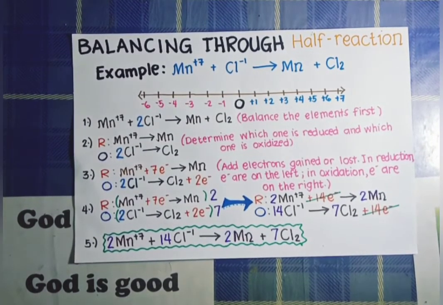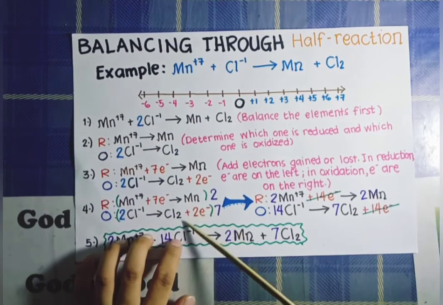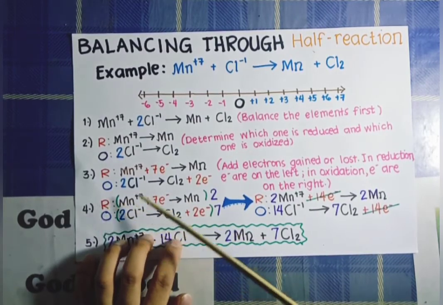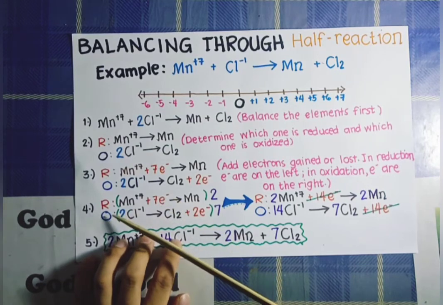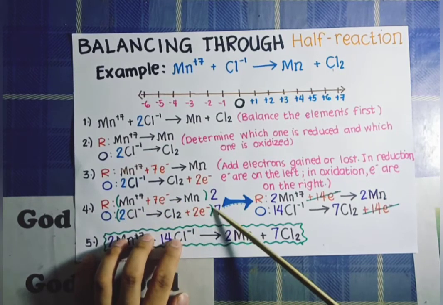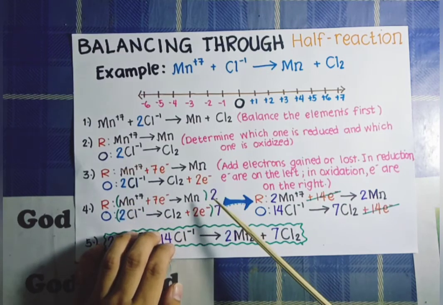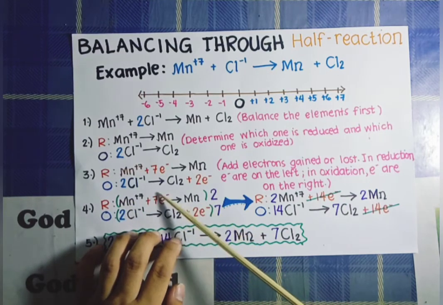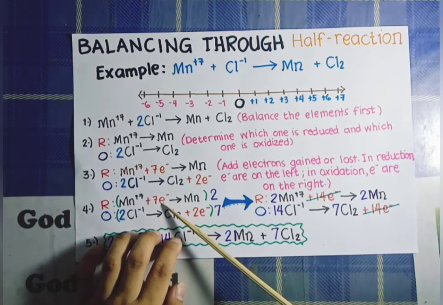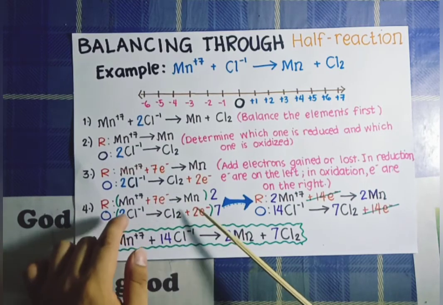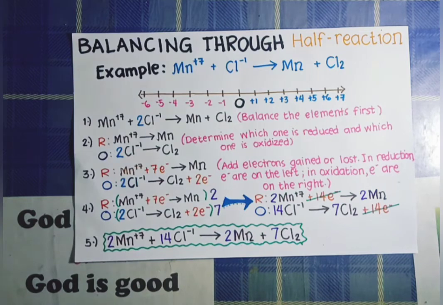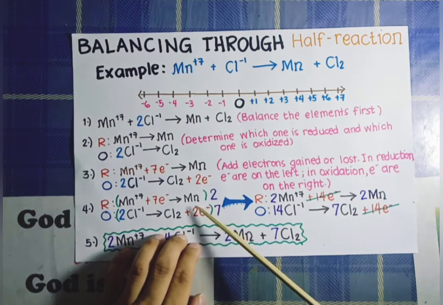Now, the next thing that we are going to do is to find the least common multiple of the electrons in reduction and in oxidation. In reduction, we have 7 electrons, and in oxidation, we have 2 electrons. What is the least common multiple of 7 and 2? That is 14. Therefore, we should multiply our equation in reduction by a number that will turn these 7 electrons into 14, and we should also multiply our equation in oxidation to turn these 2 electrons into 14.